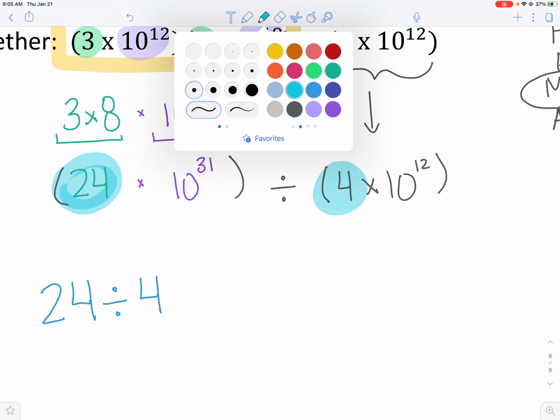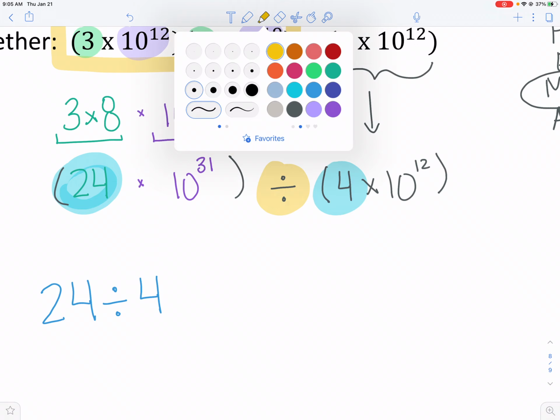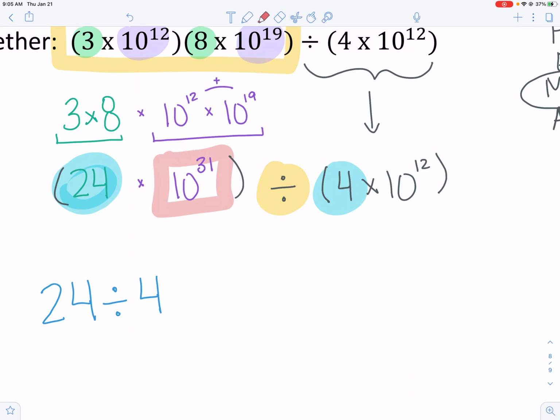Because I'm doing division, I've got times 10 to the 31 divided by 10 to the 12.